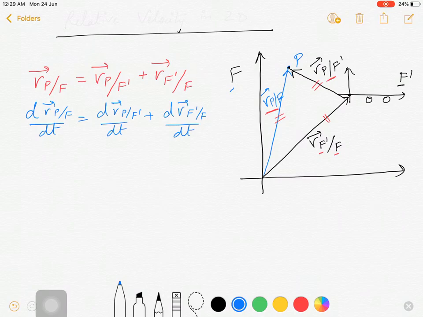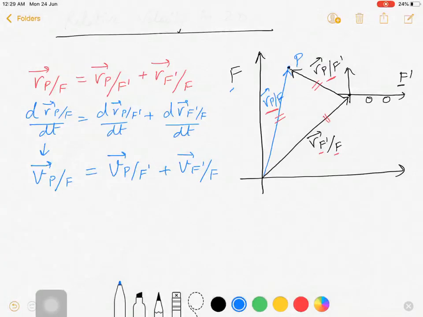So this would be velocity of particle P with respect to the fixed frame of reference is equal to velocity of particle P with reference to the moving frame of reference plus velocity of the moving frame of reference with respect to the fixed frame of reference. So this is the result.